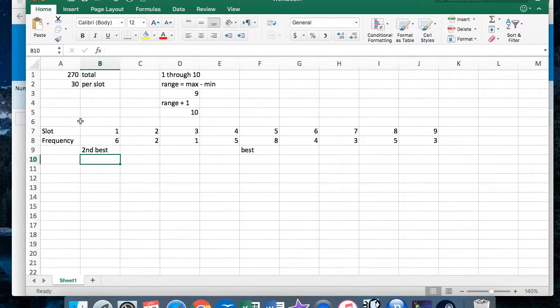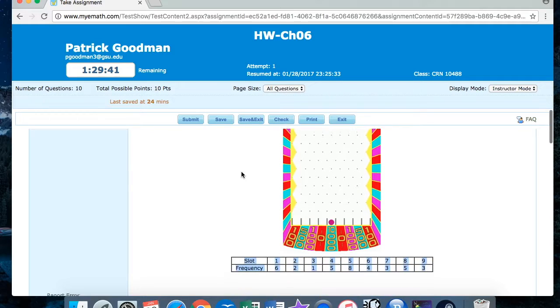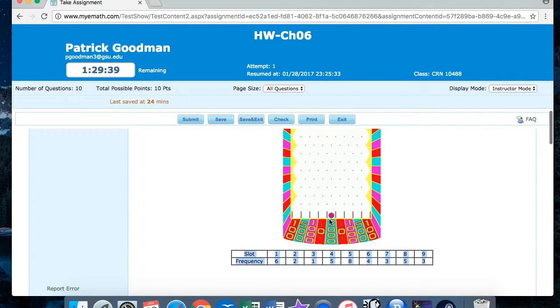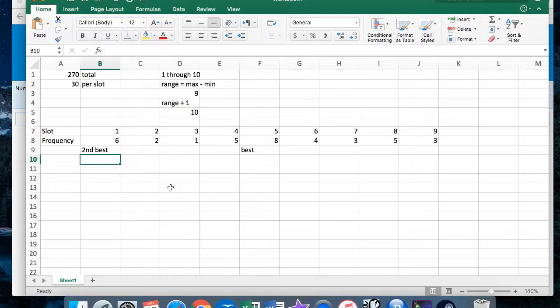Okay, so remember, in this problem, we're trying to figure out the best chance we can possibly have and second best chance of winning the $10,000 based on which slots we used. These are the frequencies, or the times that slot will get you to the $10,000. Remember, we have 30 per slot, so this is going to be our denominator.